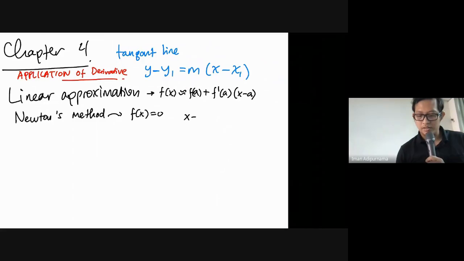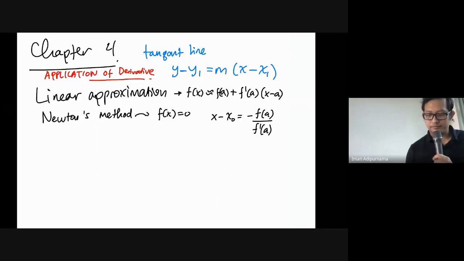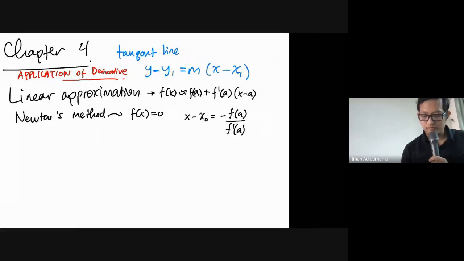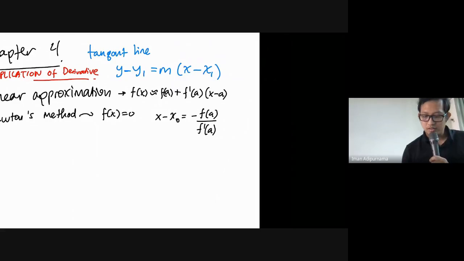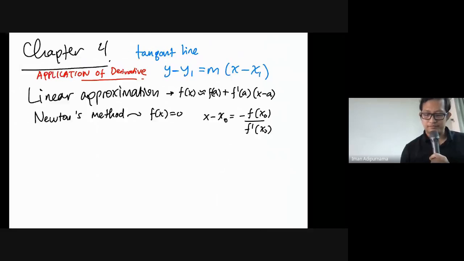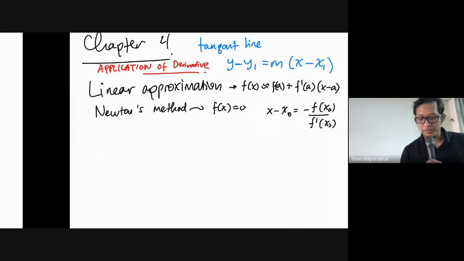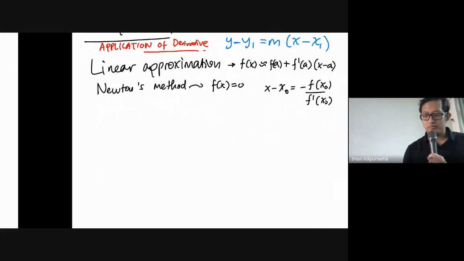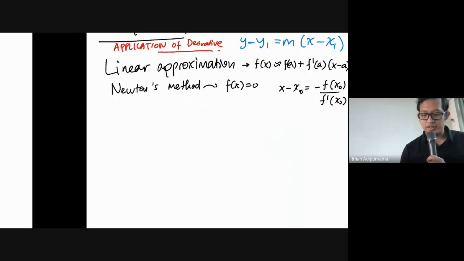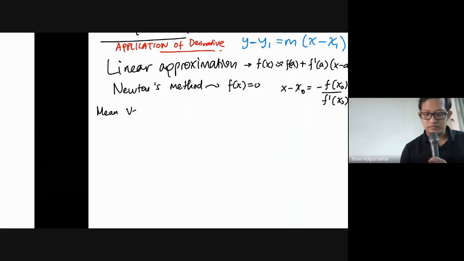Then we get x minus a is minus f(a) over f'(a). Let's say this is x0, to differentiate with the linear approximation, let's make this x0. And then from here, because we start from the linear equation, we have the mean value theorem.